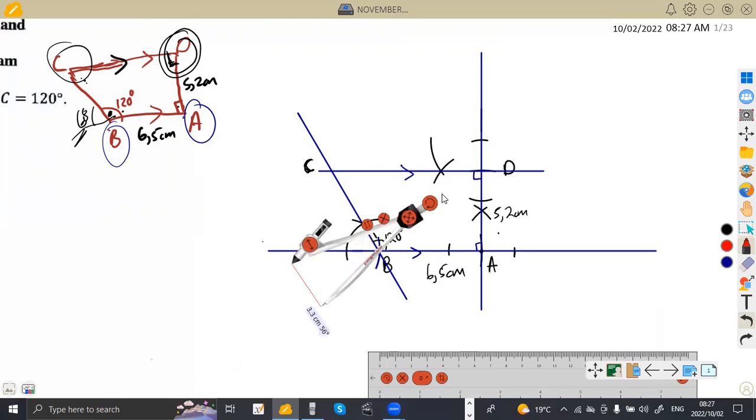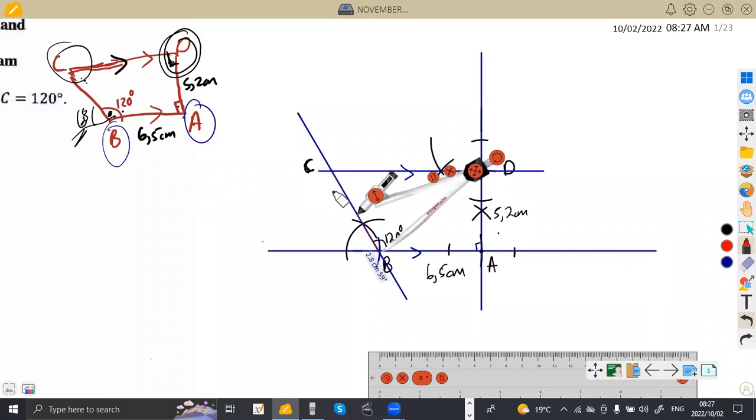So remember, to bisect an angle, you mark with two arcs on the lines which are creating that angle B. It's created by CB and BA. So we're going to mark an arc on CB. You mark another arc on BA here.